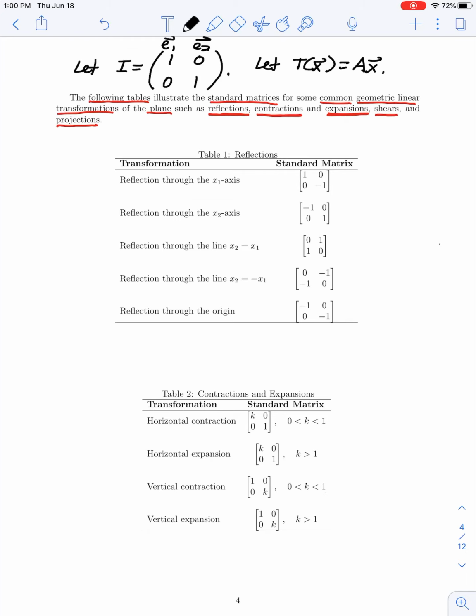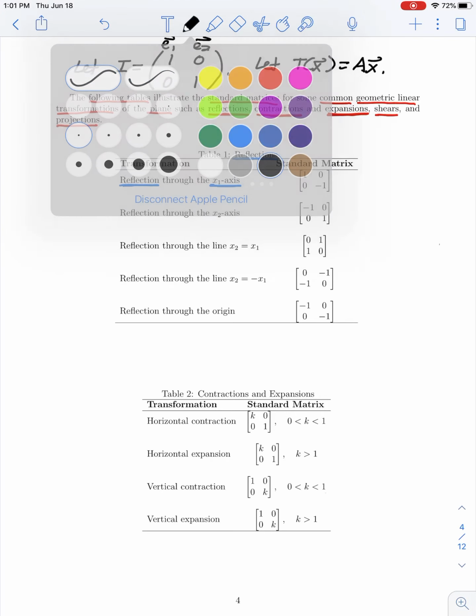All right. In our first table, the transformations which we'll consider are reflections. There are several different reflections we can consider. The first would be reflection through the x1 axis, or the horizontal axis. So let's look at how we would get our standard matrix here.